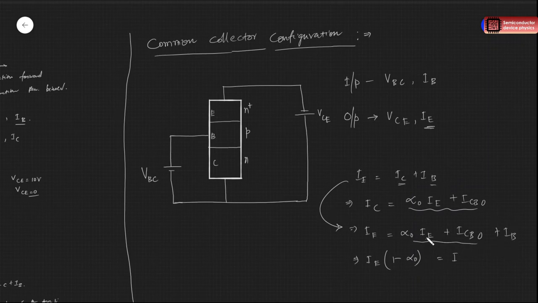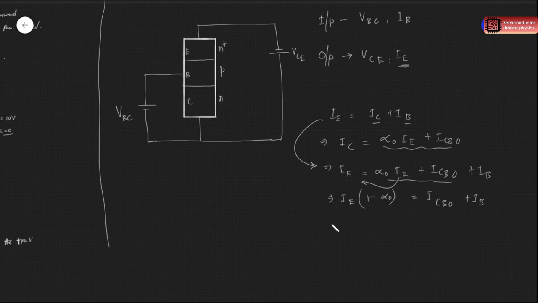Again we are taking this IE to the left side, so IE into 1 minus alpha naught will be ICBO plus IB, right? Or if you see only the emitter current, it will be 1 by 1 minus alpha naught into ICBO plus 1 by 1 minus alpha naught into IB, right?